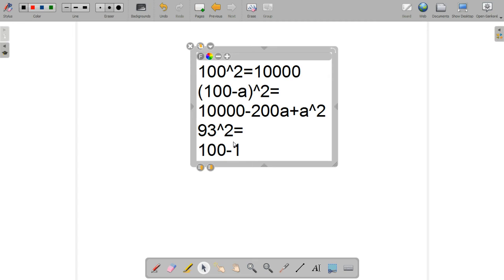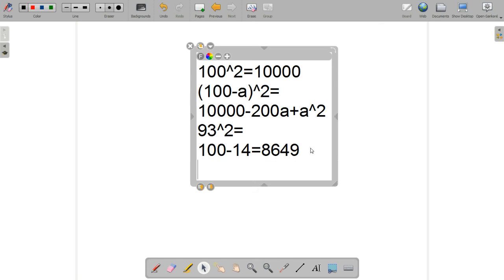So 100 minus 14, can you solve this? It's 86. And don't forget those extra zeros. Whoa, but wait. You still need to add a squared. There you go, there's your answer.